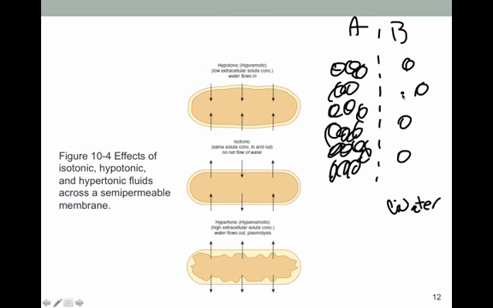Now what's going to happen is osmosis is going to cause fluid movement in this direction. The reason being is there's a higher concentration of water on side B than there is on side A. Again, going from an area of higher concentration to an area of lower concentration.